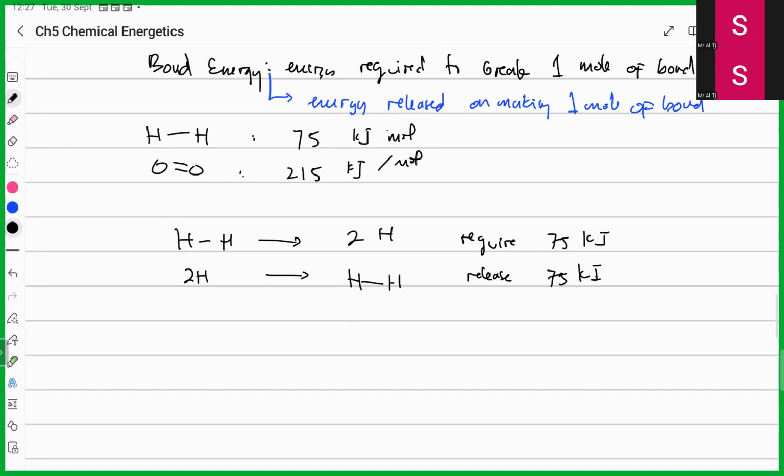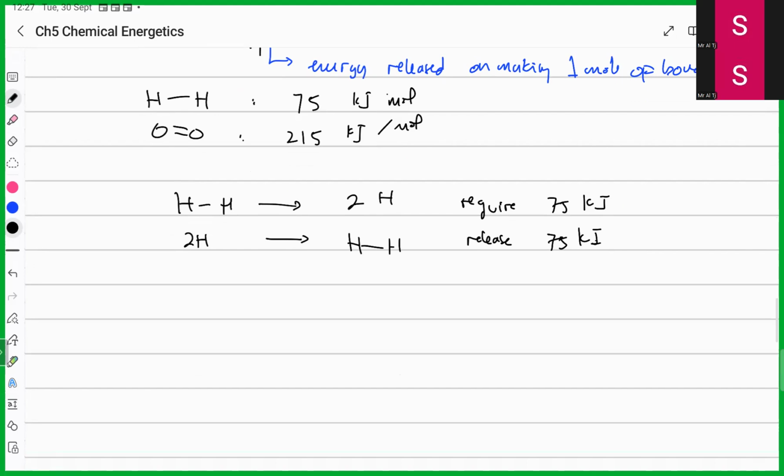By the way, it's important to understand that bonds are broken in a single step. For example, a double bond of oxygen goes directly into individual oxygen atoms. They do not break from oxygen double bond oxygen into oxygen single bond oxygen.